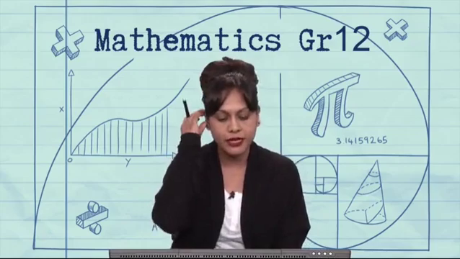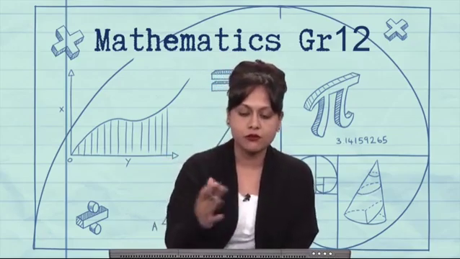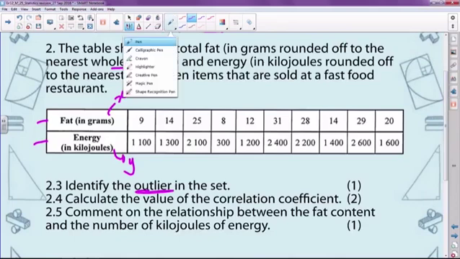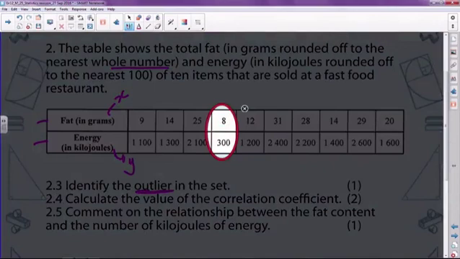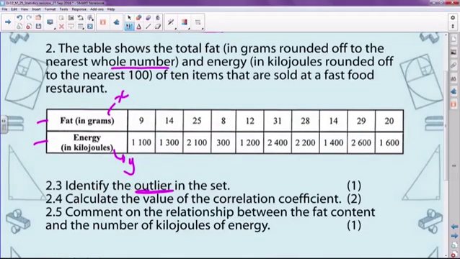So when I look through the table, I see that the one value that really just leaps out at me, and hopefully it also leaps out at you, is this one. We've got that one there where your fat in grams is 8 grams and the amount of energy released is 300. Now, if you compare that to the other values in your table, you will see that that 300 kilojoules is way smaller than all of the other kilojoules or energy released.